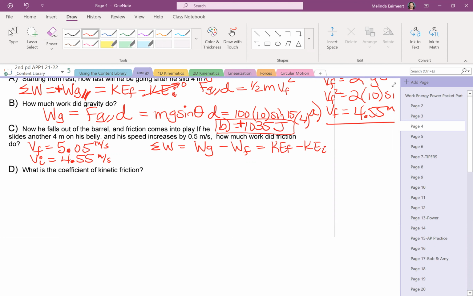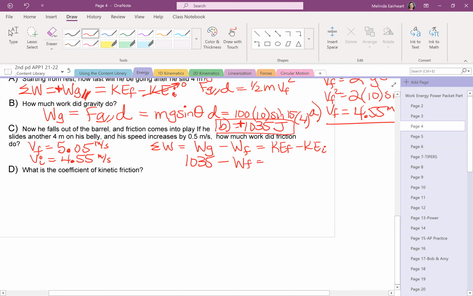And so work done by gravity, is that going to be the same 1035 or a different number when he falls out? It's going to be the same because they kept the distance the same. Since 4 meters before is equal to 4 meters now, work of gravity is that same 1035. Work of friction is what we're solving for.